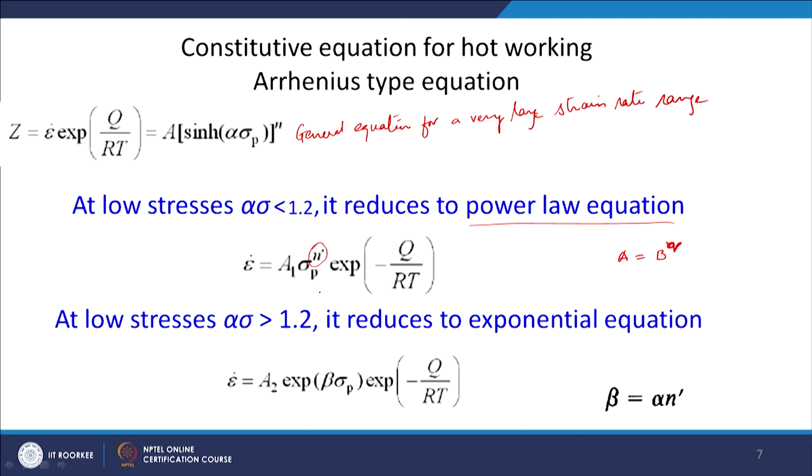So at low stresses you will have this power law equation, and incidentally this type of equation is also valid for superplasticity.